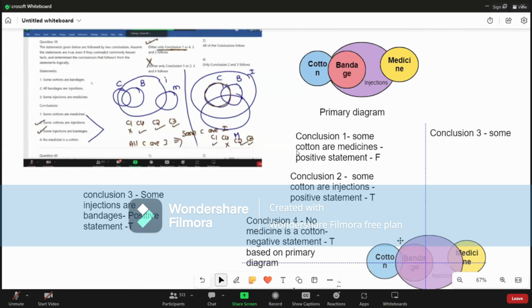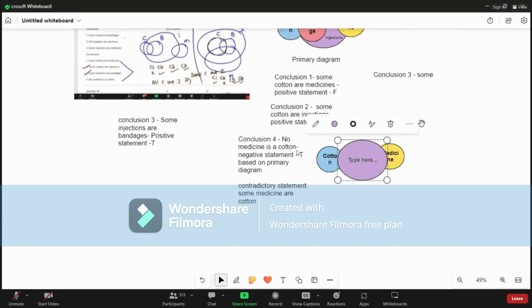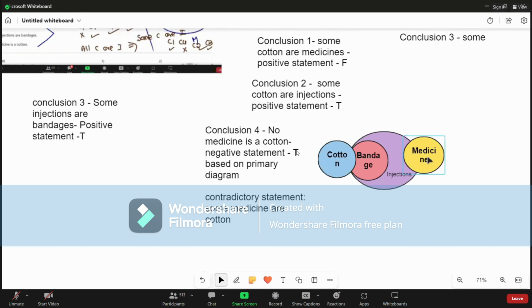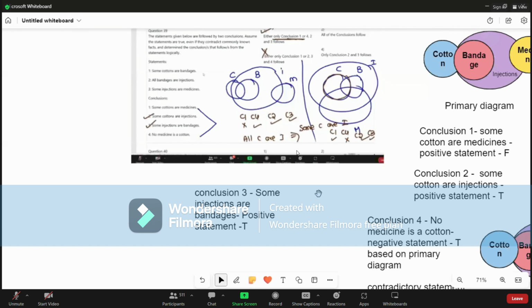Okay, so we have to make some changes to this diagram such that all the statements that are there before, that is, some cotton are bandages, all bandages are injections, and some injections are medicines, should be true.